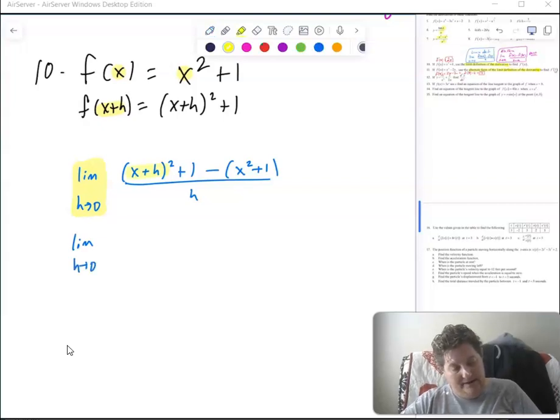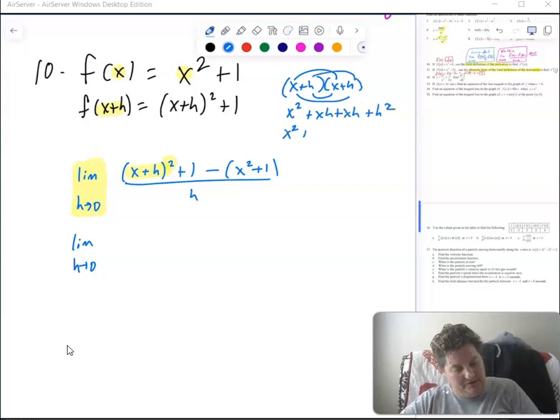Now, x plus h squared, if you forget how to do that, just write it over here. We FOIL it. It's x squared plus xh plus xh plus h squared, so x squared plus 2xh plus h squared, and I have a plus 1.